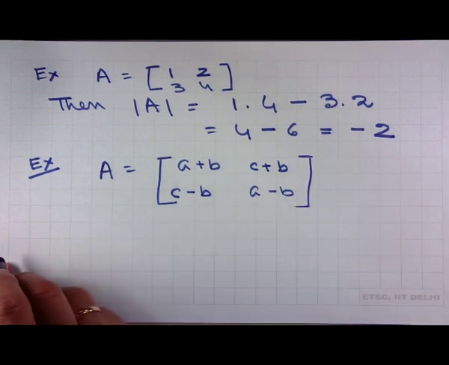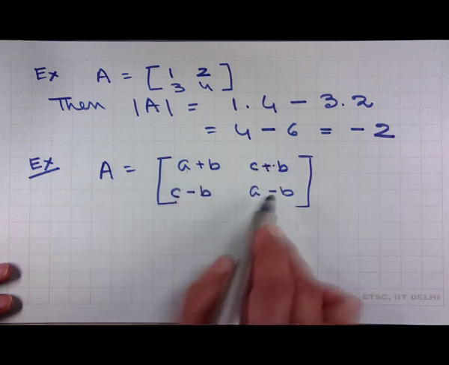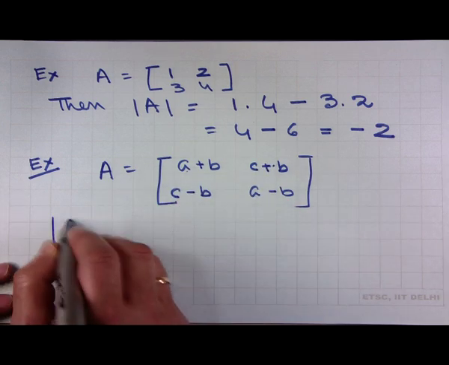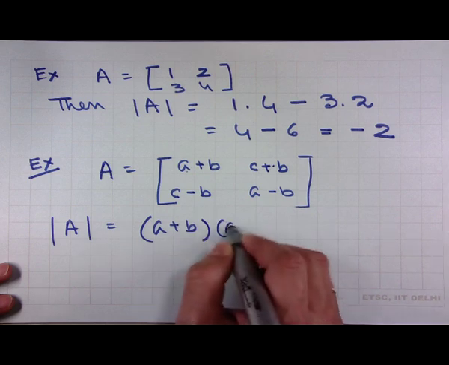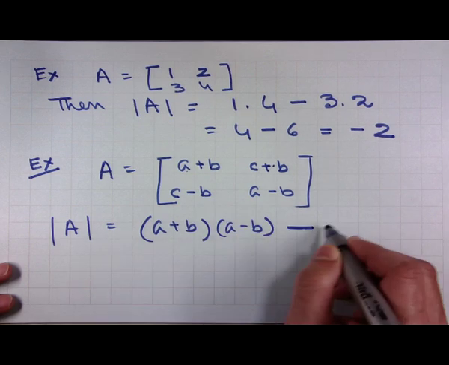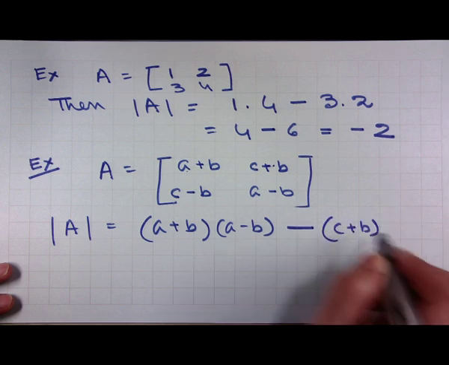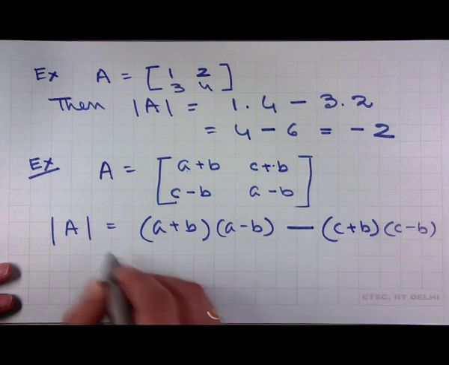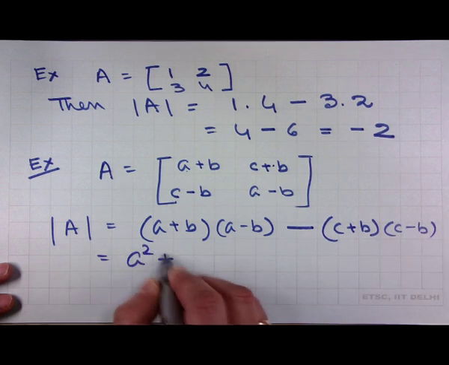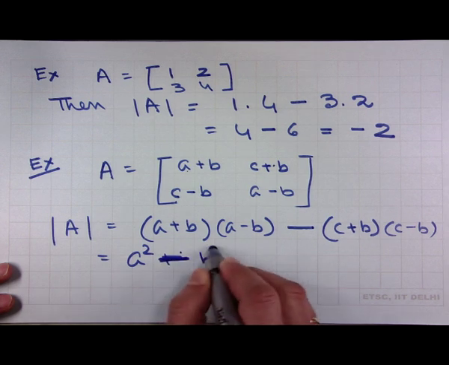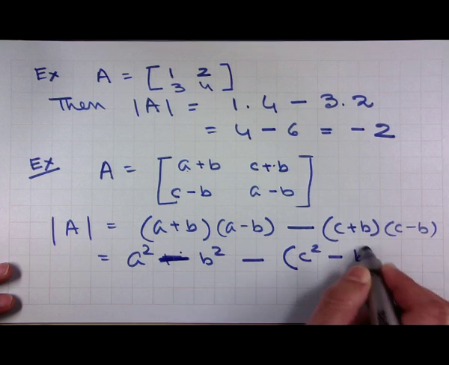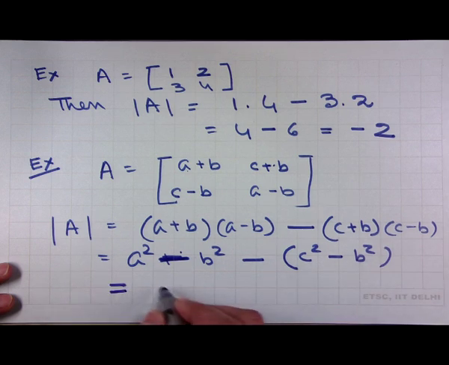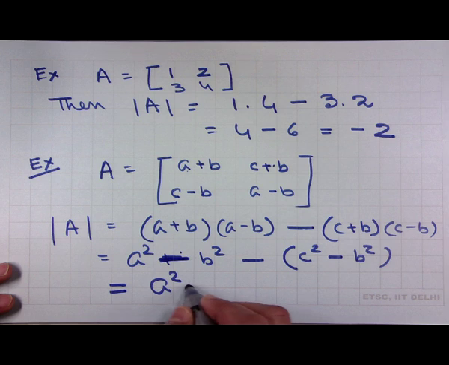If this is the matrix, where these are 4 different scalars, then determinant of A is equal to (a plus b) into (a minus b) minus (c plus b) into (c minus b), which is equal to a square minus b square minus c square plus b square, which is equal to a square minus c square.